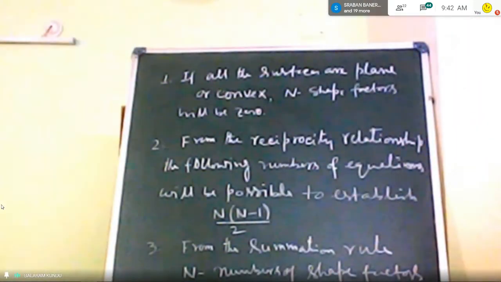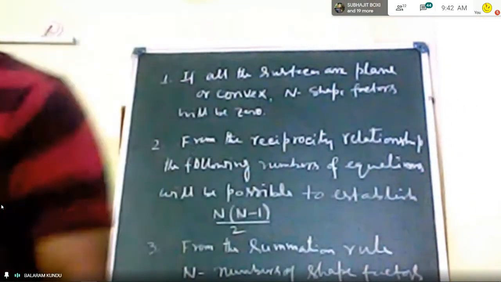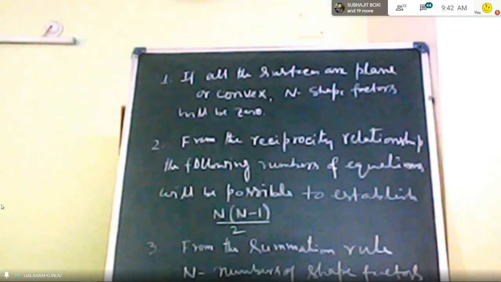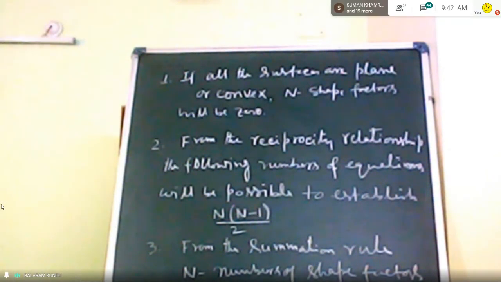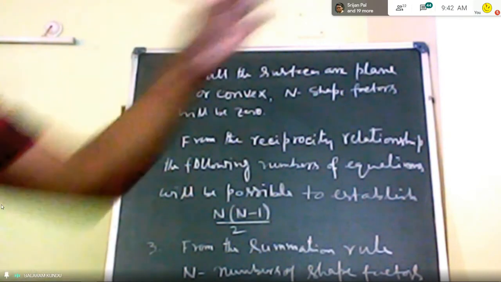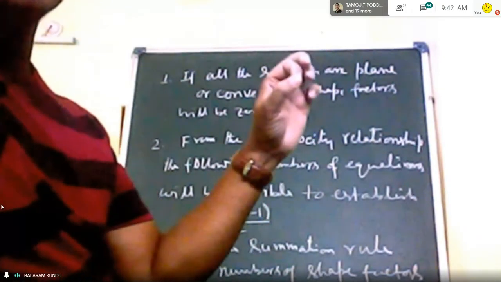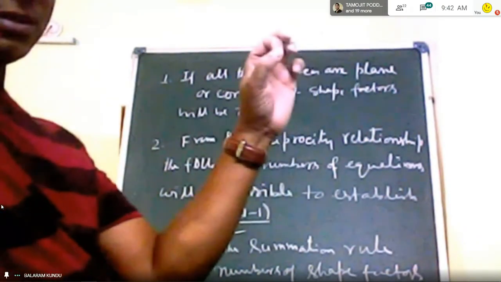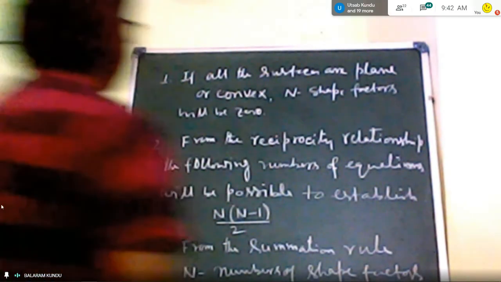Then the rest of the number should be determined by considering the geometrical configuration. From the geometrical configuration, I already derived the mathematical expression of shape factor. So use that expression to determine the remaining number of shape factors. So how much? The remaining number will be what?